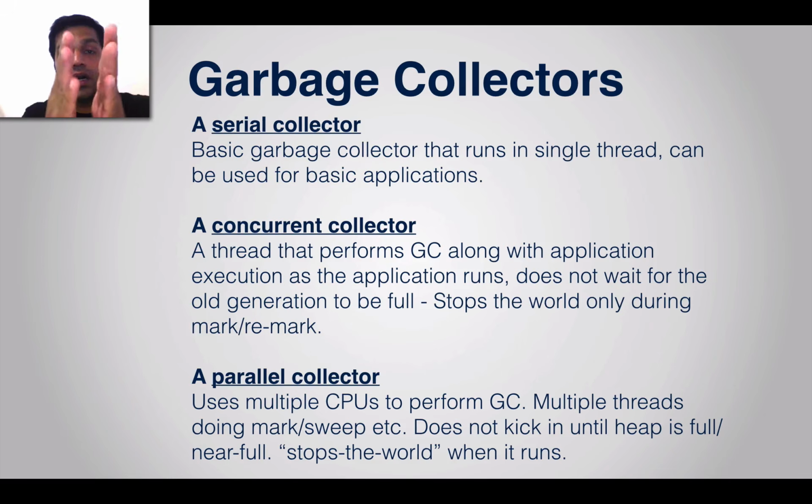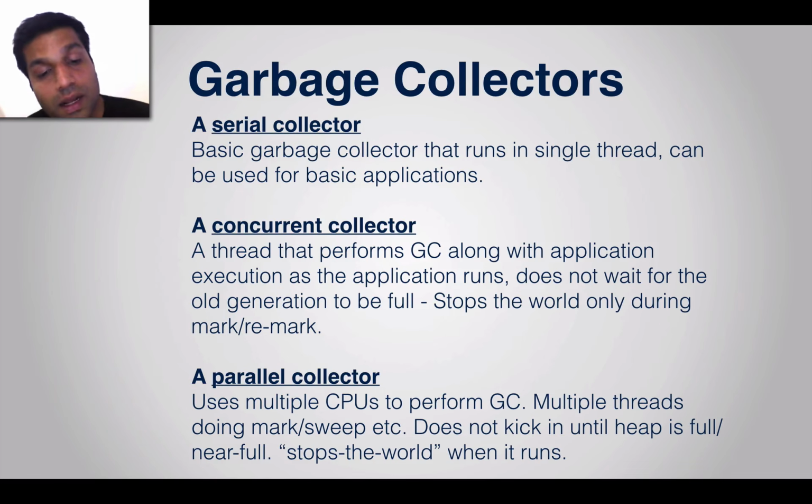It doesn't look at the percent of old generation used to kick in a major collection. So it is highly concurrent, and it does not really pause the running application for a lot of garbage collection steps. It only pauses the application during the mark and remark steps. All the other things like sweeping and compacting happen in parallel with the application. That is why it is called the concurrent collector.